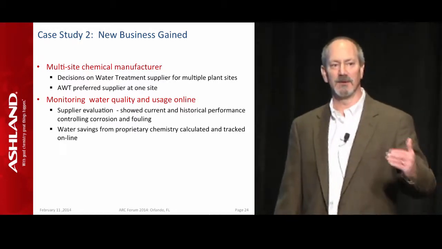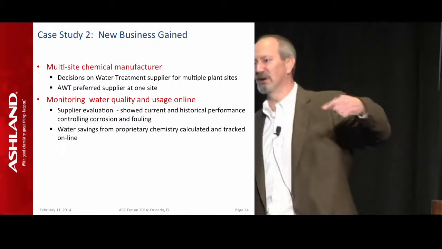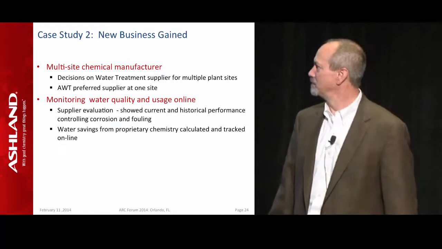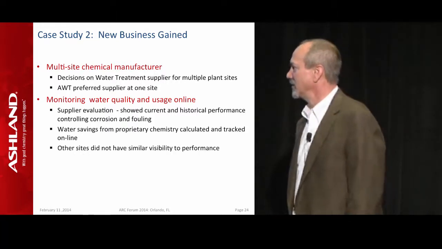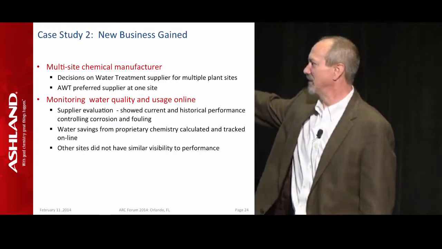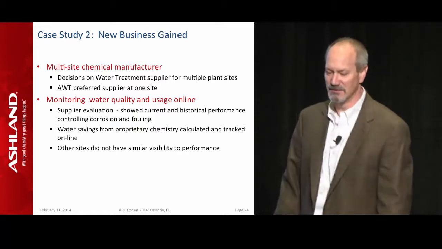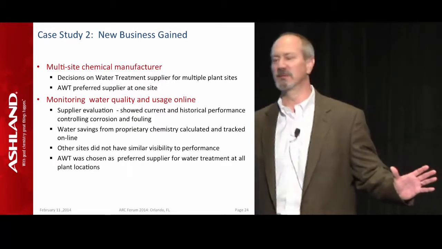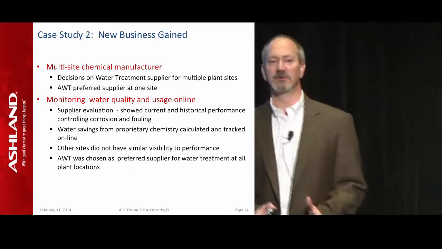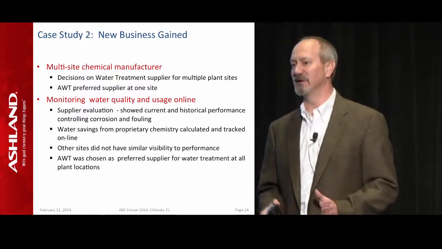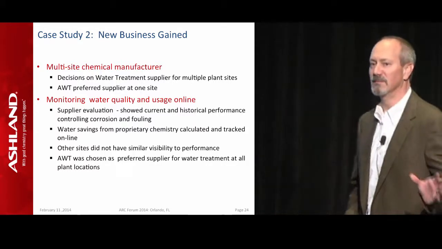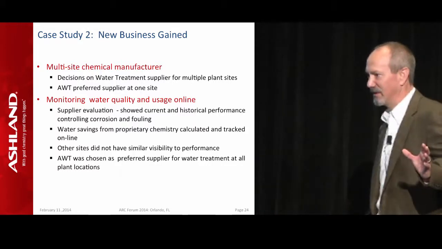So we had that value statement out there, and it was ticking up, not quite as fast as the national debt, but pretty quick in terms of the water savings. Ultimately, since the other sites didn't have this kind of performance, they looked at us as the preferred supplier to go across the board with all their plants. Being able to use the Internet of Things to gather that data and present it back to them in a format that meant something to them allowed us to gain business.